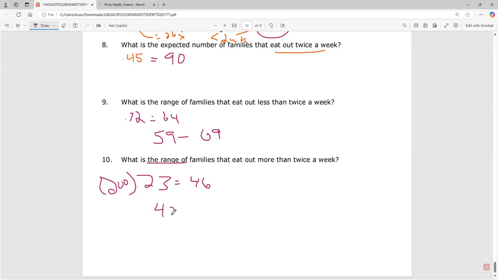It's actually 42.3, but we're just going to say 42. And then all the way up to 108%, because we're adding 8%. So 46 times 1.08 is, we'll call it 50. It's like 49.6. So the numbers for us to deal with are approximately 42 to 50. Right, so I hope that makes some sense for you guys.